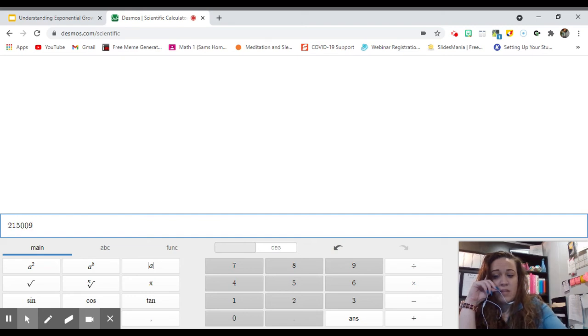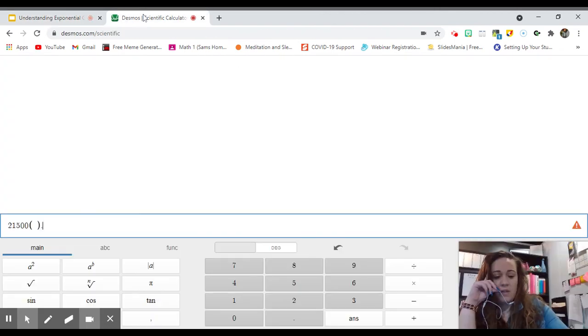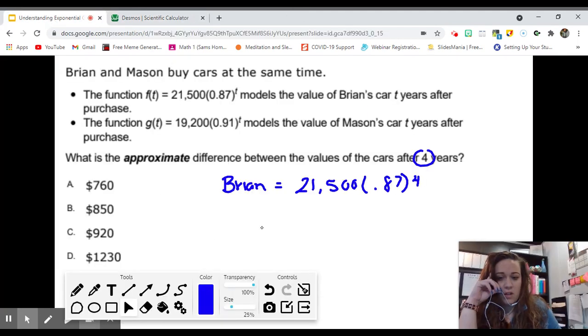I'm going to use my parentheses: 21,500 times 0.87 to the exponent 4. That's 12,317.30. I went ahead and rounded that.